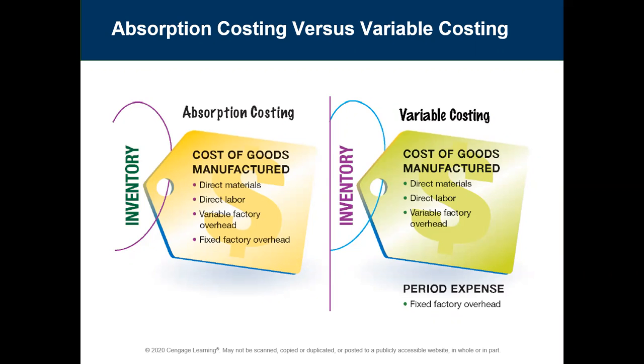And so absorption costing is required for external reporting. GAAP, generally accepted accounting principles, require us to roll those costs into the product costs. But variable costing is often much better for making management decisions because it pulls those fixed costs out from the variable costs, and then we can use cost volume profit analysis to make decisions about pricing and other stuff like that.